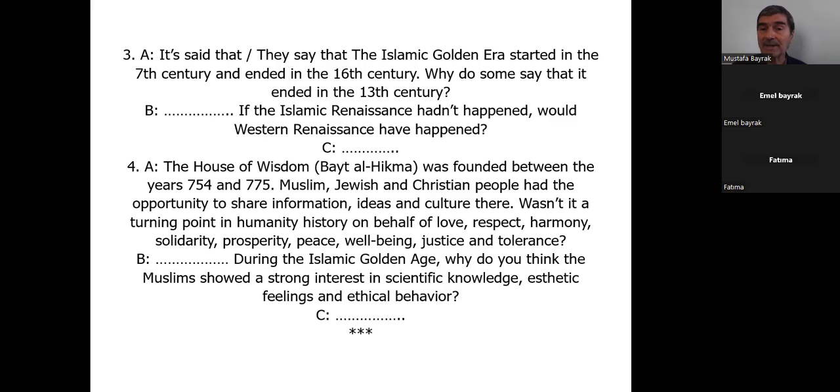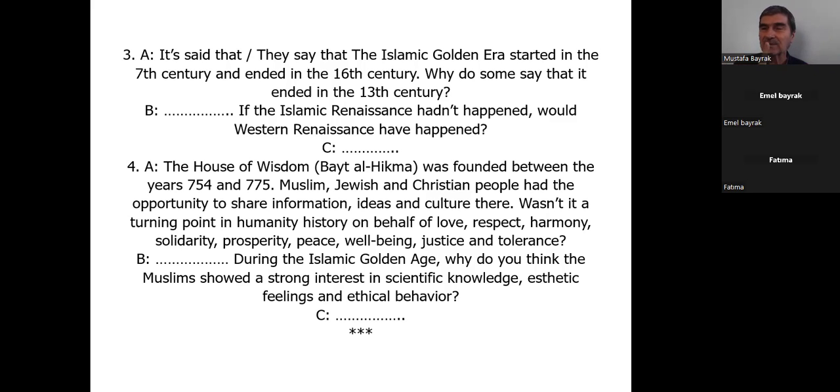During the Islamic Golden Age, why do you think the Muslims showed a strong interest in scientific knowledge, aesthetic feelings, and ethical behavior? Because the atmosphere or the nature of that situation requires all of them, all the perspectives. A revival perspective does not require only one perspective, okay?